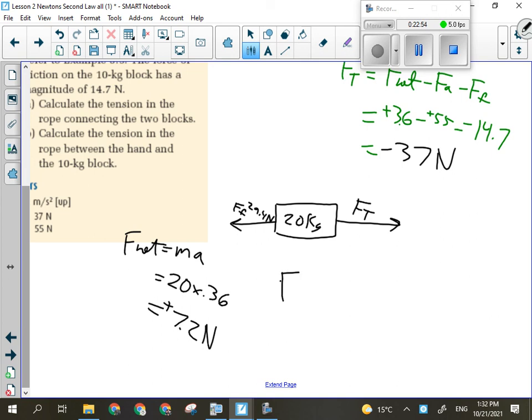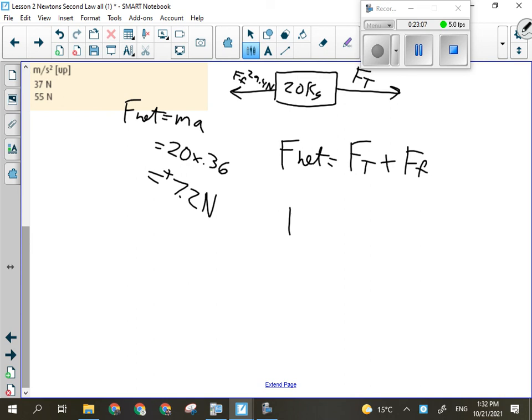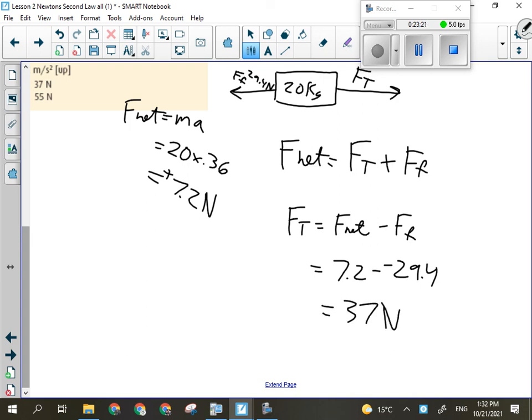Now I'm going to say that F net for this box is the tensional force, which I have to calculate, plus the force of friction, which I already know is 29.4 newtons. So Ft will be F net minus the force of friction, 7.2 newtons minus negative 29.4, still comes out to 37 newtons.